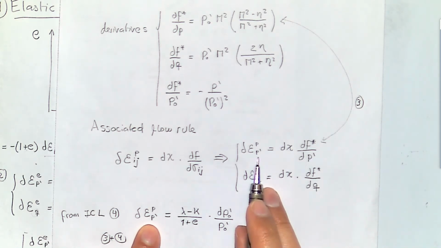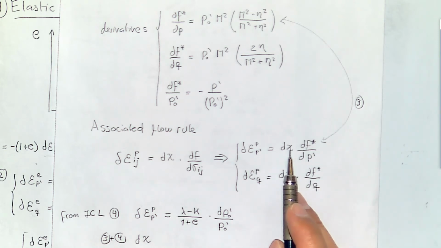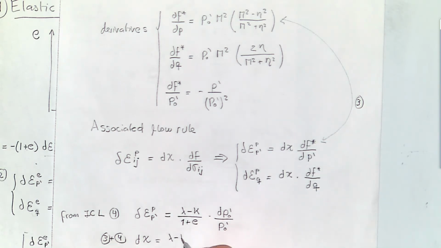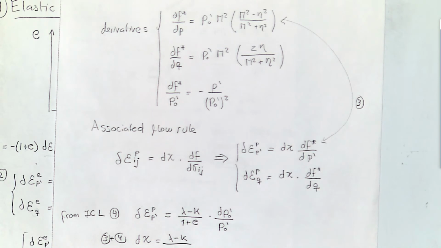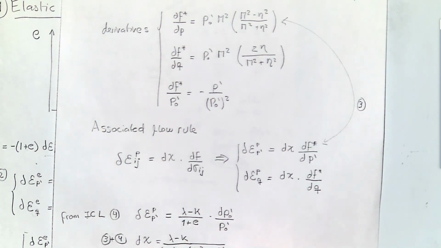Then from this one I can obtain that this parameter d psi is going to be equal to, just by equating those two equations, 1 plus void ratio, p prime, m squared plus eta squared.